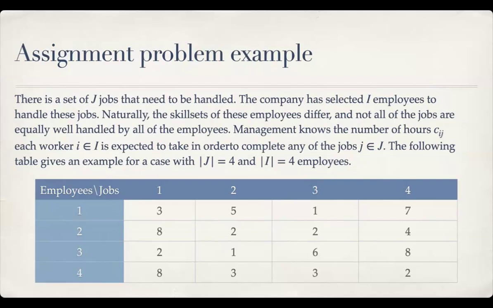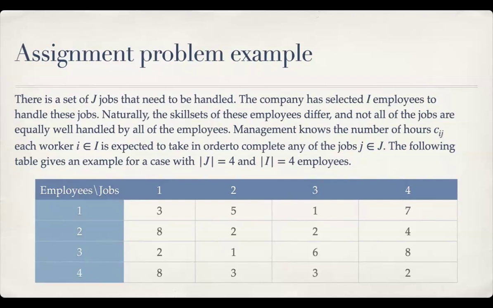If we require each employee to handle only one job, and each job is handled by one employee only, it is clear that the numbers J and I must be equal, right?